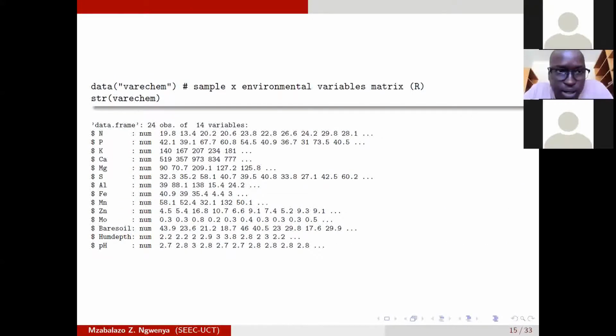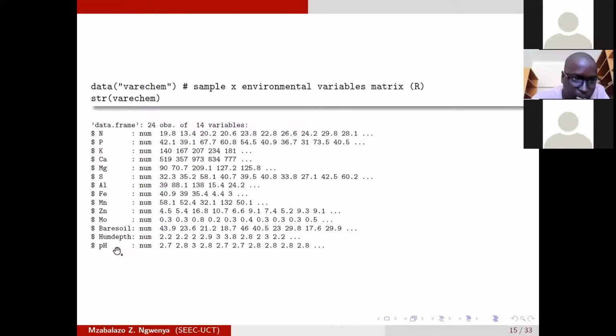Let's look at our R matrix, so our matrix of sample sites by environmental variables. We know we've got 24 sample sites and we have 14 variables. If you look at the structure of the variables, you already know that they're continuous. They're all numerical variables, and those are the names of our variables.